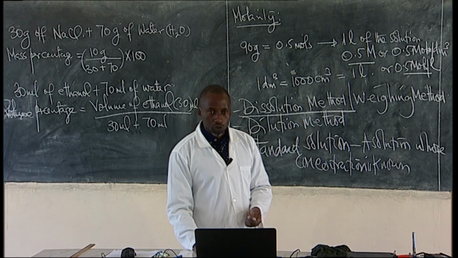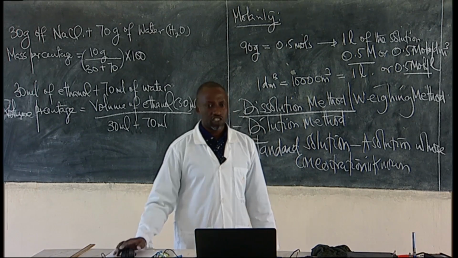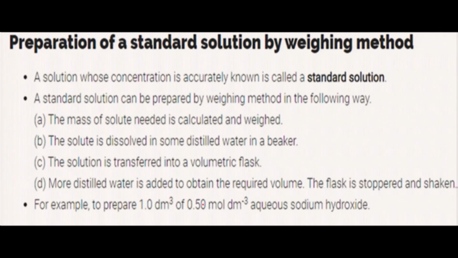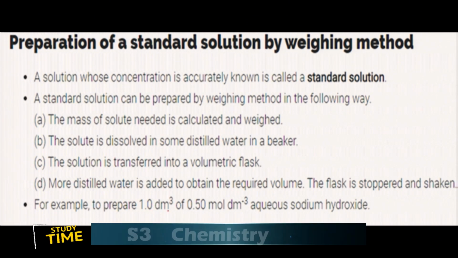So let's do one example. This is the method, sodium hydroxide. You want to make, remember we are making a solution of 0.5 mol per decimeter cubed into 1 liter, 1 decimeter cubed. Prepare 1 decimeter cubed of 0.5 molar aqueous sodium hydroxide. So what do you need?